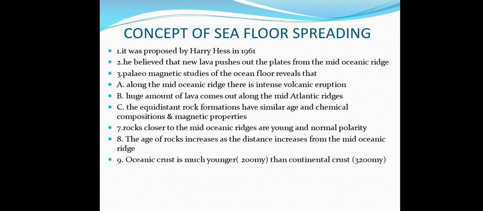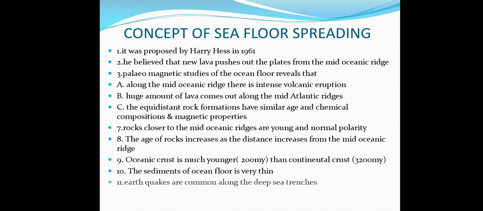Oceanic crust is much younger, almost 20 million years, than continental crust, that is 3,200 million years. The sediments of the ocean floor are very thin. Earthquakes are common along the deep sea trenches.